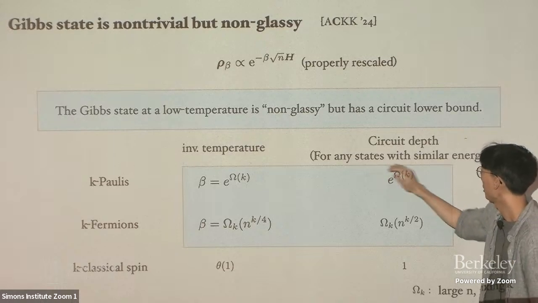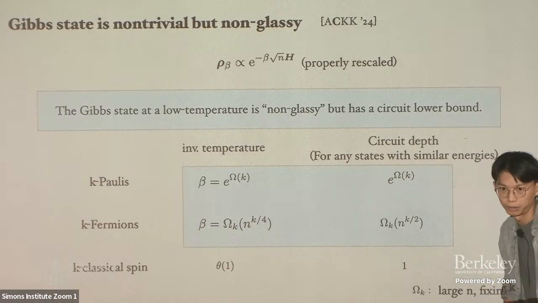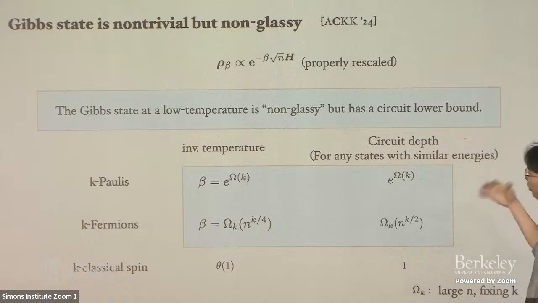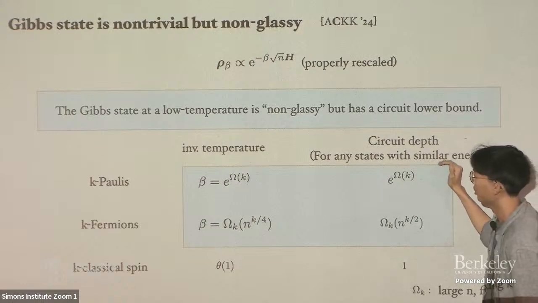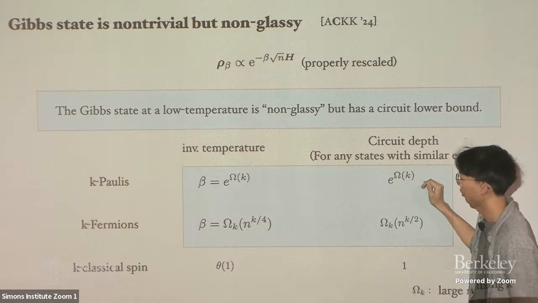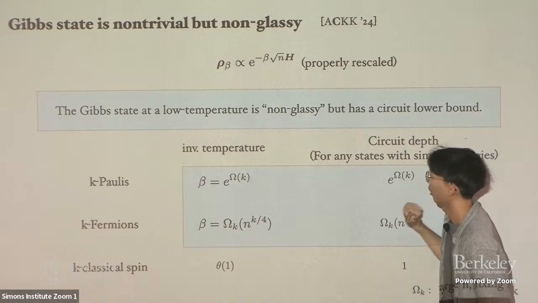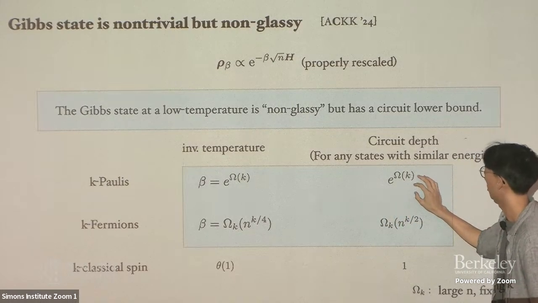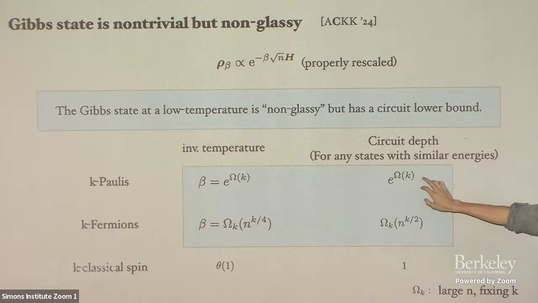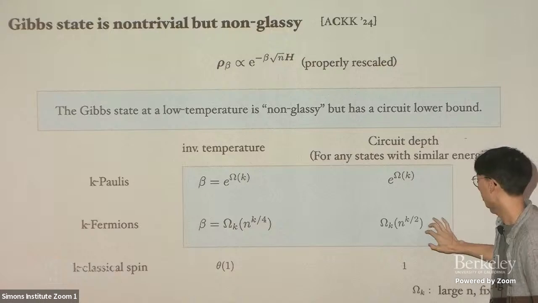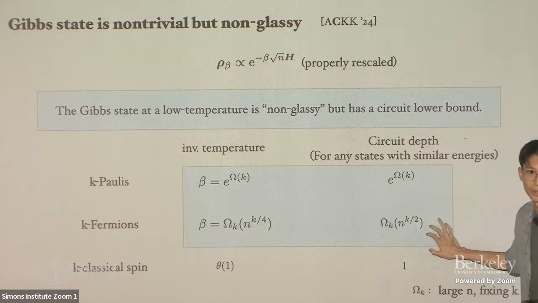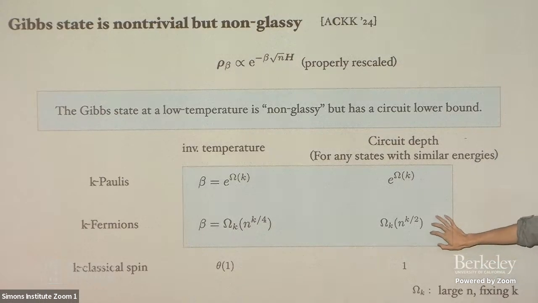The claim is that any state with similar energy or below, no matter how you create it, must have a very deep circuit lower bound. For the Pauli case, this is some number that grows with k. So if you fix k, this is a constant. Maybe this is not so scary. However, for fermions, this actually grows with the system size. So this is qualitatively interesting. If k equals 4, which is the standard SYK, this is actually n squared.